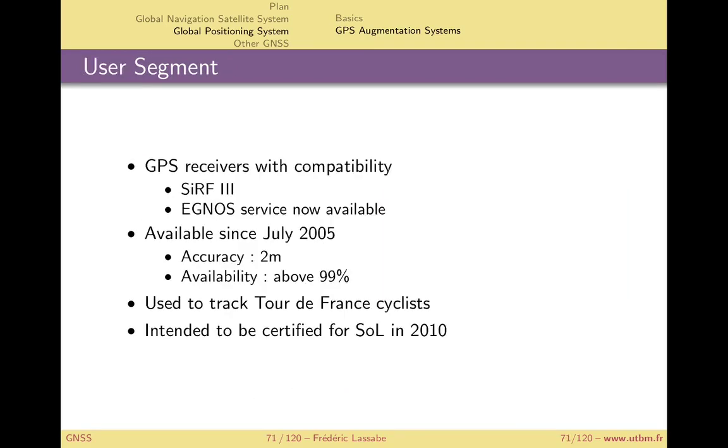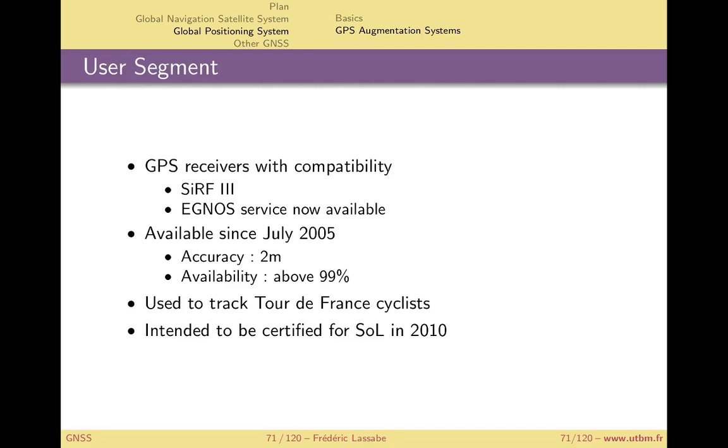And the GPS receivers with compatibility are SiRF3 and everything later, so any current phone, for instance, can look and use the EGNOS signals.